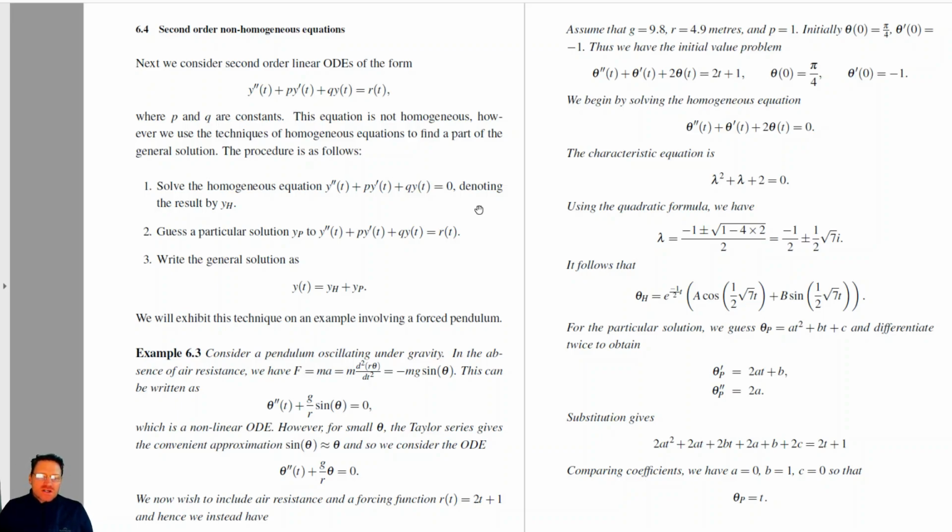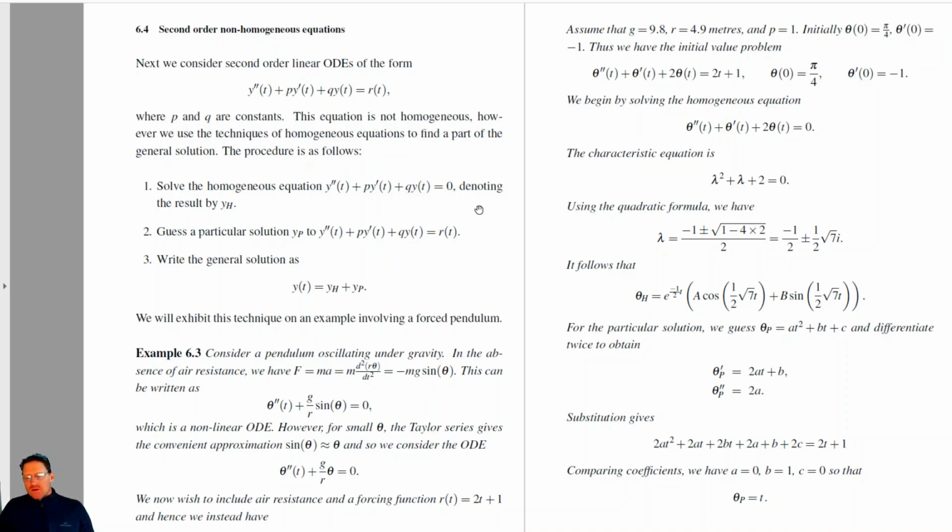Like, what kind of function is it? You want to match your guess to be something that you know is going to work out. That comes with either making a list of how things work out or just by experience. And then finally you write the general solution as the sum of the homogeneous solution plus the particular solution that came from your guess.